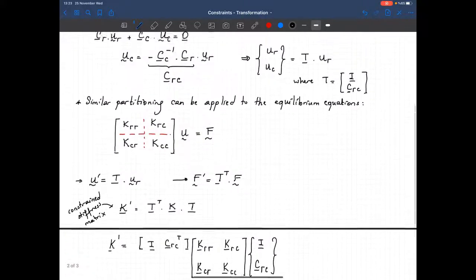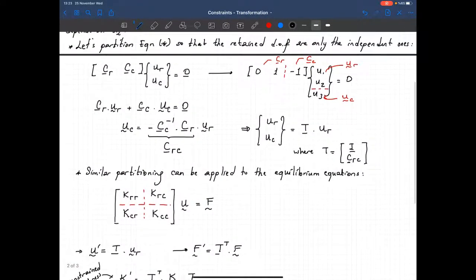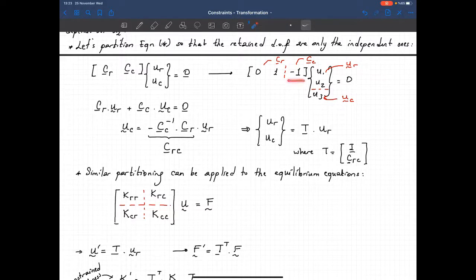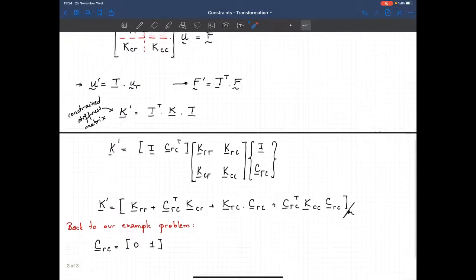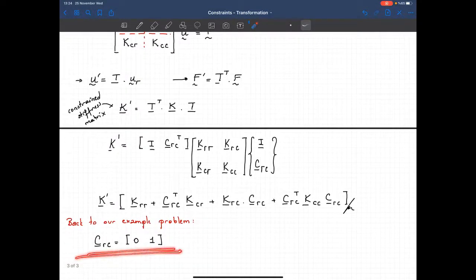Let's come back here. In our case, CC is equal to -1. So CC inverse times CRC, I have minus here, will give me the same CRC matrix as follows.